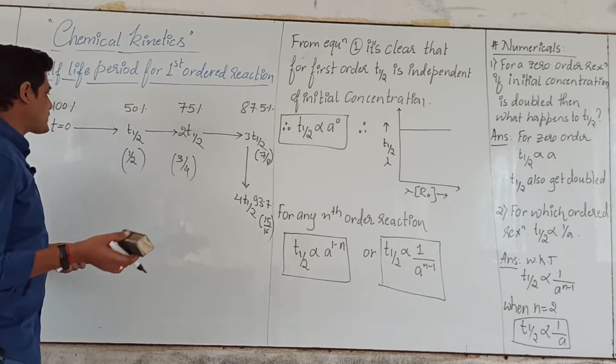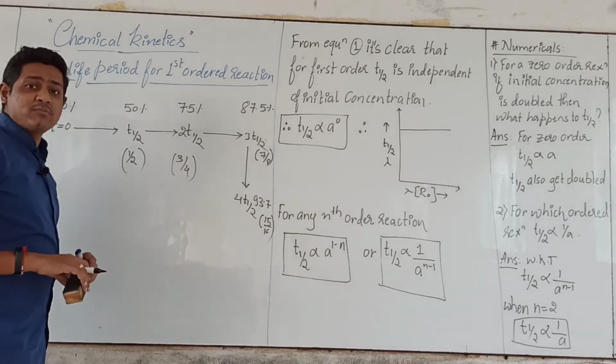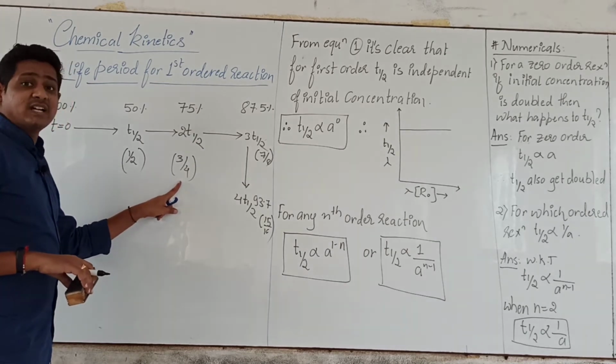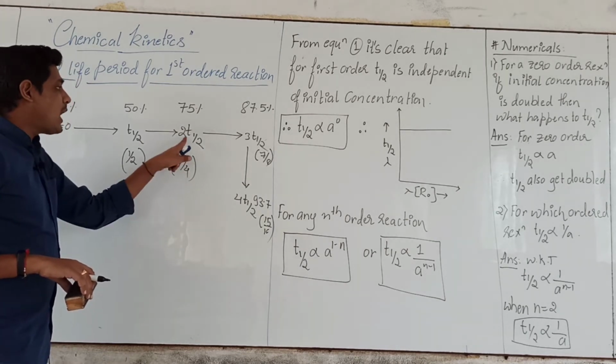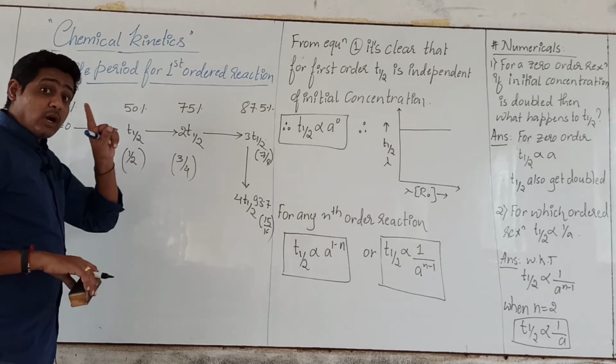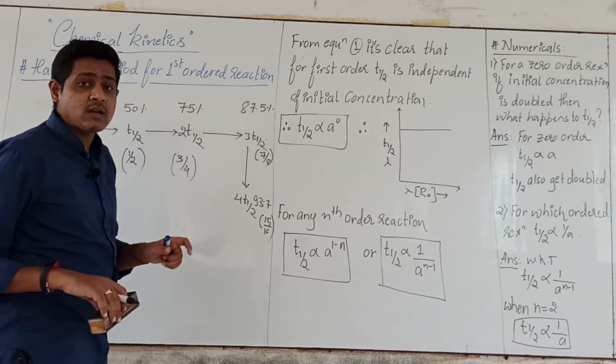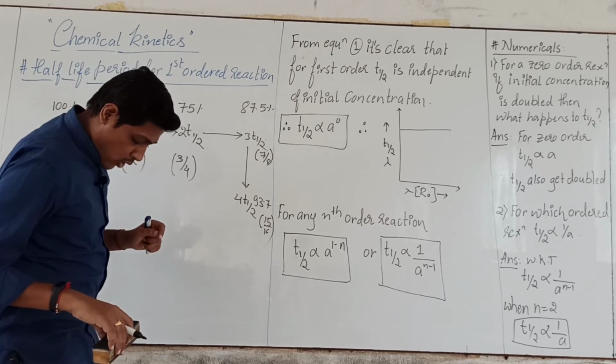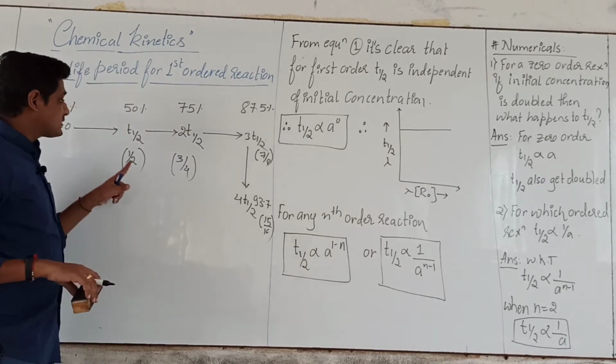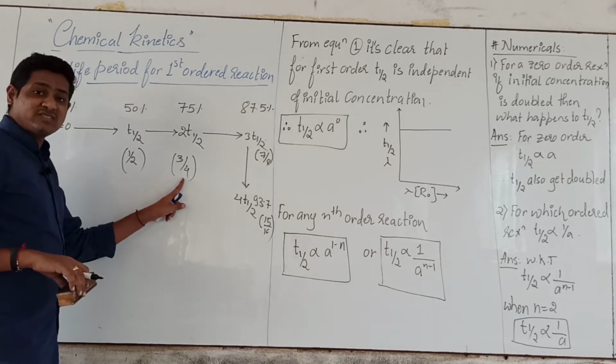So they will ask what is the time required for 3/4 completion of the reaction, and they will give you the half-life period of that. Now remember, it is only for a first order reaction. They will mention that for a first order reaction, what is the time required for 3/4 completion of the reaction.